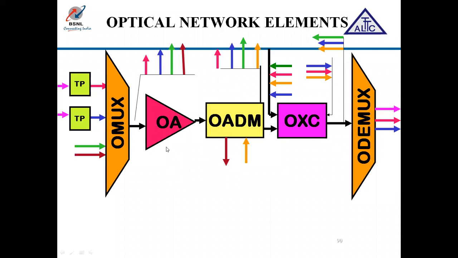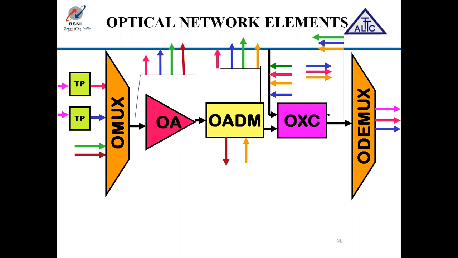Then in line, that is at the place of a repeater, if we use this amplifier, then this is a line amplifier. Here, in between links, we may have an OADM, optical add-drop multiplexer, where we can add or drop different wavelengths as per our requirement.